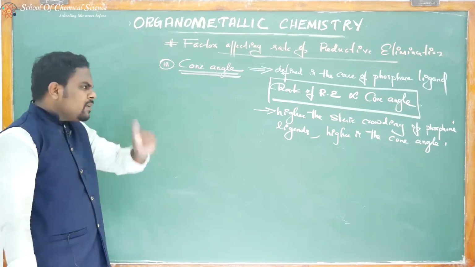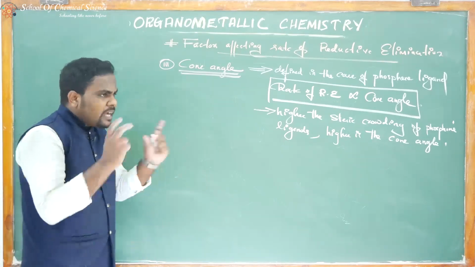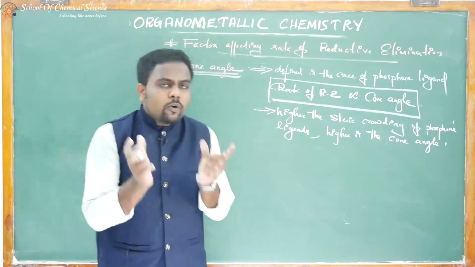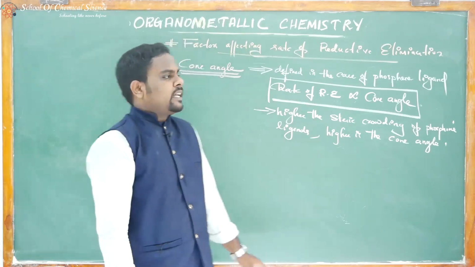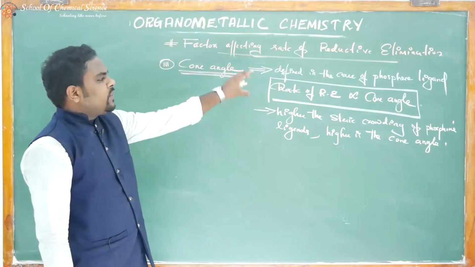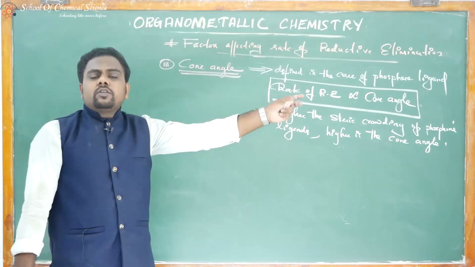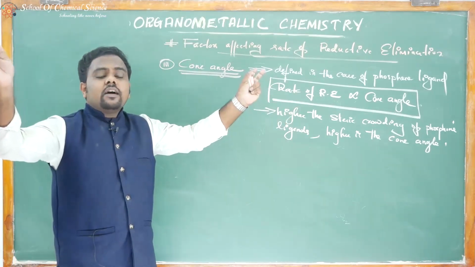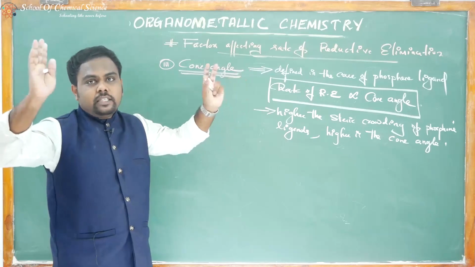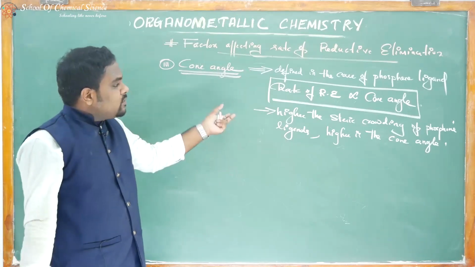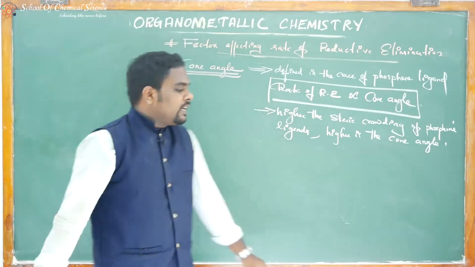What do you mean by the term cone angle? Cone angle is a term defined in the case of phosphine ligands. Your rate of reductive elimination is directly proportional to cone angle. Higher the cone angle, higher is the rate of reductive elimination, and this cone angle increases when the steric crowding of the phosphine ligands increases.